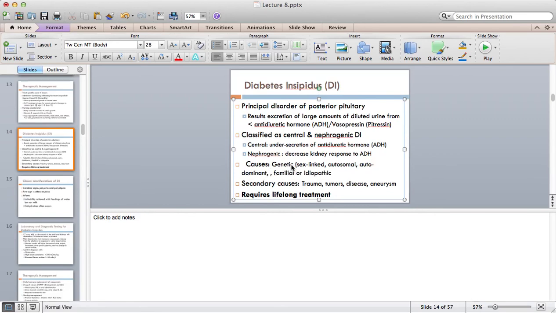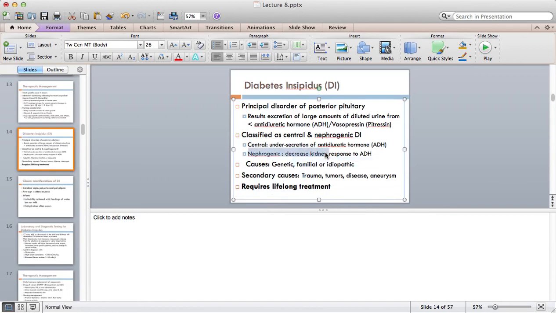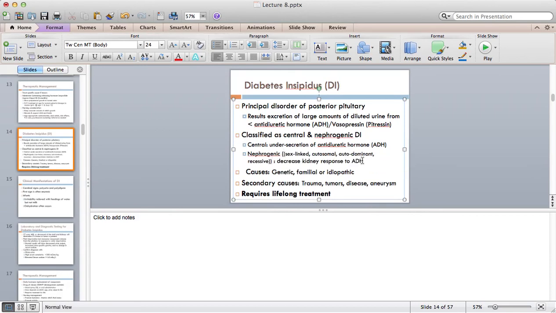So in short, the nephrogenic type is genetically transmitted to the children. And that results in the kidney's decreased response to antidiuretic hormone. You will see that most commonly associated with chronic renal diseases, where you can have hypo and hyperkalemia in this instance.